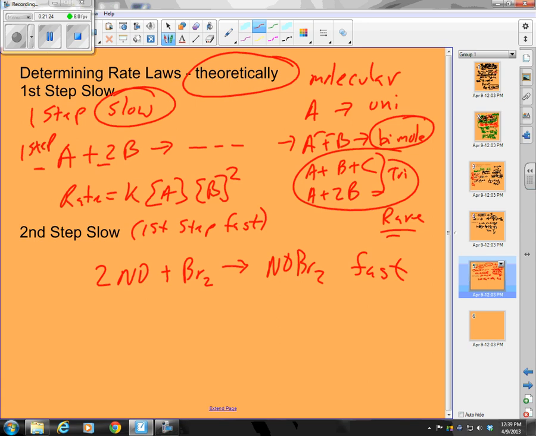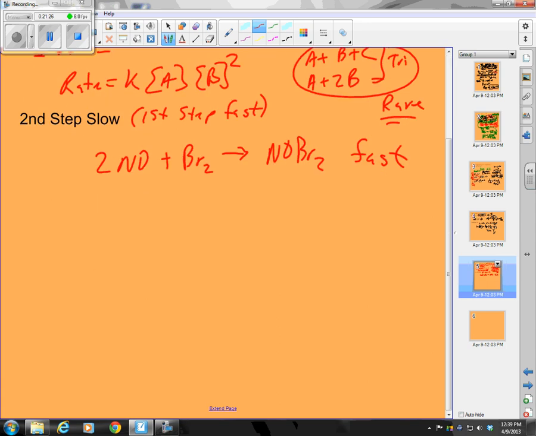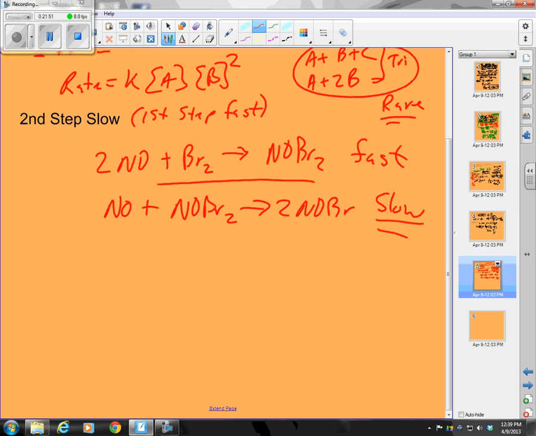That means I cannot use what I just did. I have to look at the second step. Second step is NO plus NOBr2, and that yields 2NOBr, and that is slow.